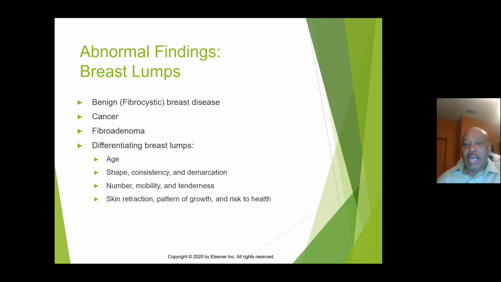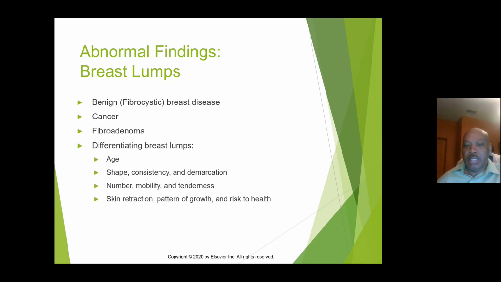For example, if we're looking at benign breast disease versus fibroadenoma, if we compare those two to cancer, cancer is firm and stony hard, whereas benign breast disease would be firm to soft and rubbery, and the fibroadenoma would usually be firm to rubbery.